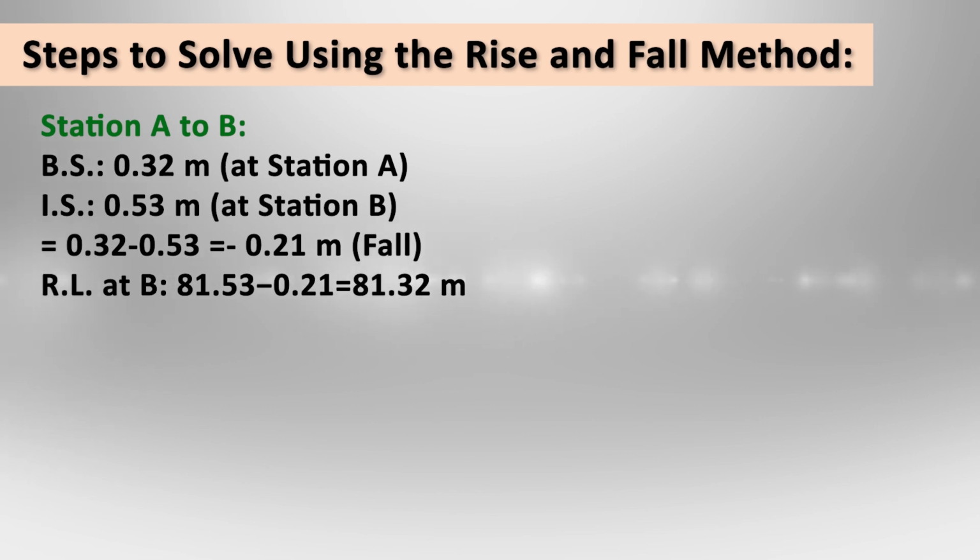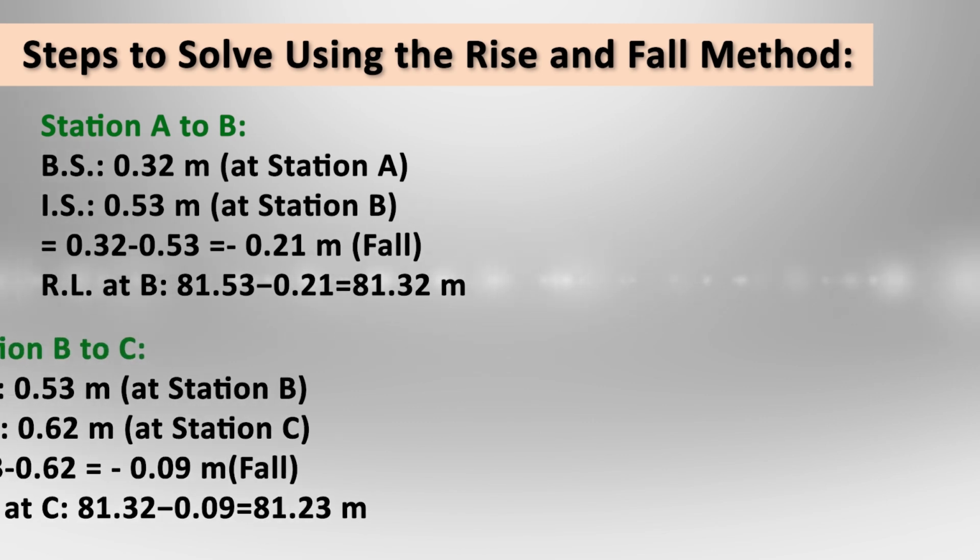So, it comes negative, which will indicate a fall, and for calculating the reduced level at B, we will subtract the fall from the reduced level at station A. So, 81.53 minus 0.21 will be equal to 81.32 meter. So, the reduced level at B will be 81.32 meter.